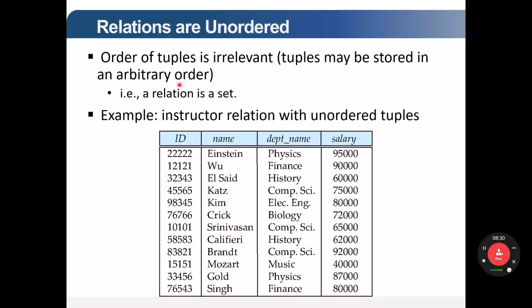They can be stored in any arbitrary order. If you look at this example relation instance, these rows are not sorted by any attribute. If you look at ID, they are not sorted. If you look at name, again, they are not sorted. So ordering doesn't matter in relational algebra.